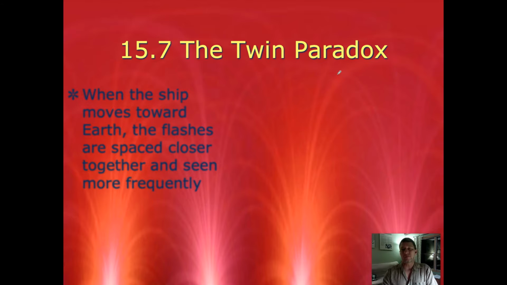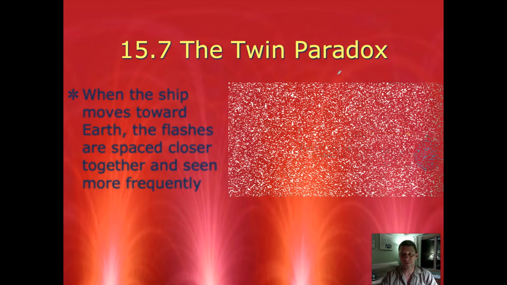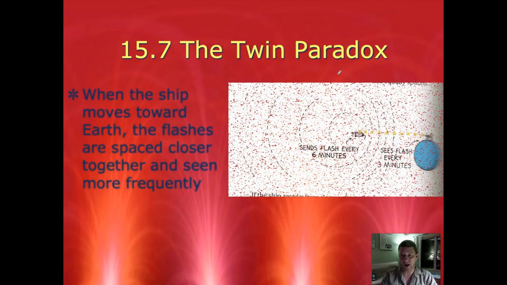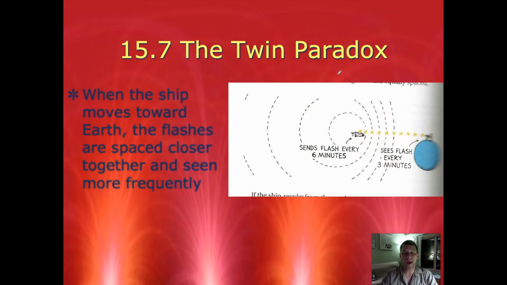Now, it changes, however, when the spaceship is in motion. In this scenario, we're going to have the spaceship moving toward Earth at a very rapid speed. So the ship is now moving very quickly back toward the Earth.